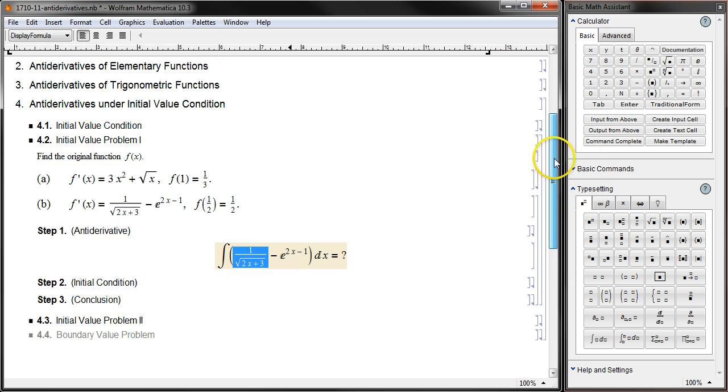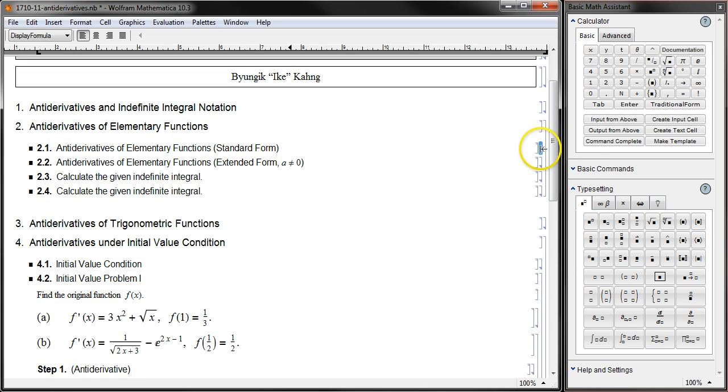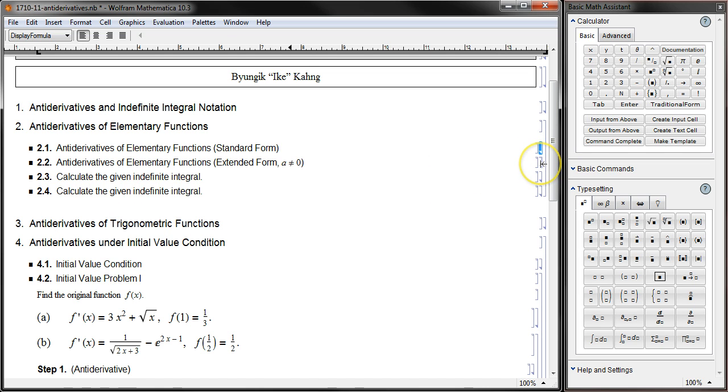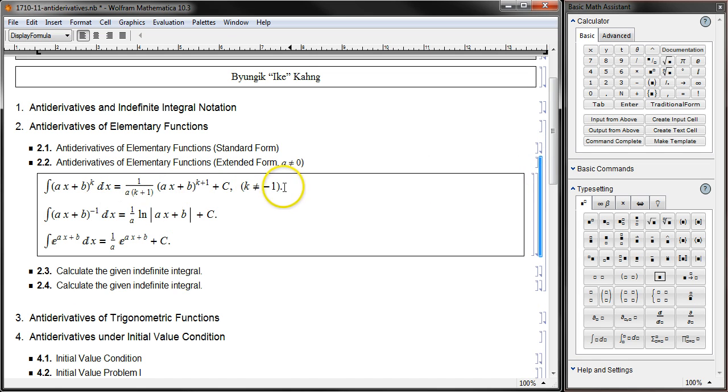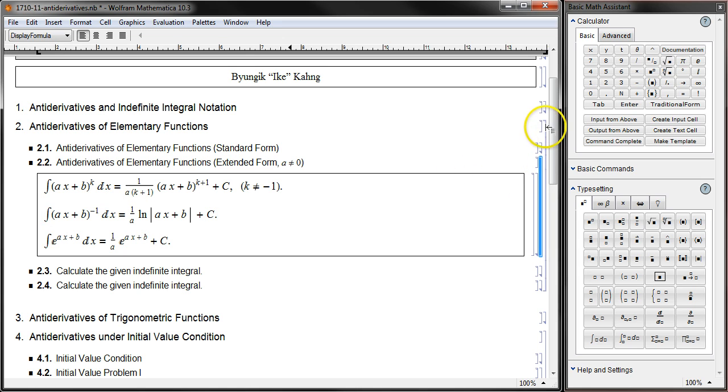I gave you antiderivative formulas like this. K power, then we have this. Negative 1 power, then log. Actually, this is better. K power, then we get that. Negative 1 power is this, not just the 1 over x function.